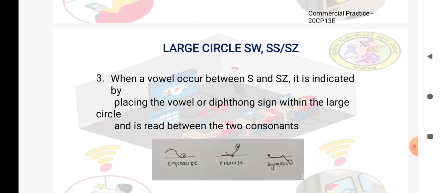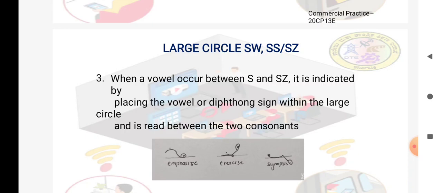Okay, you have to understand it clearly. When you have a large circle, and in that large circle there is an intervening vowel or a diphthong, that should be placed inside that large circle and it should be read between the two consonants.